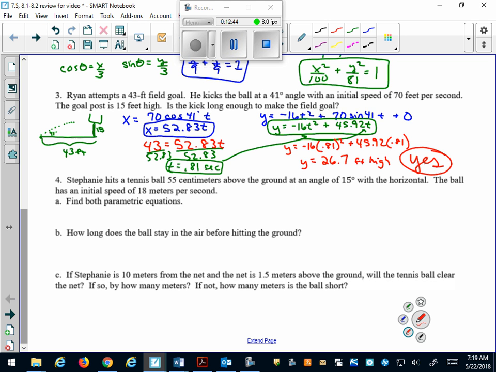So, like I said, always start with writing the parametric equations anyway. So this is x equals 18 cosine 15 degrees t, and it turns out to be 17.39t.